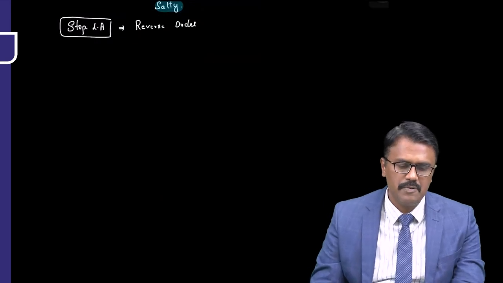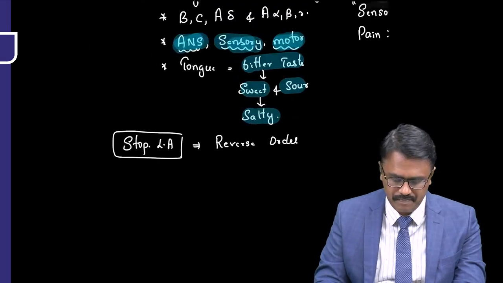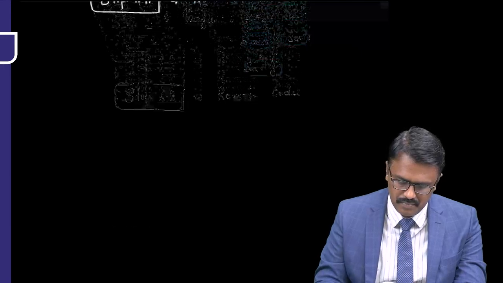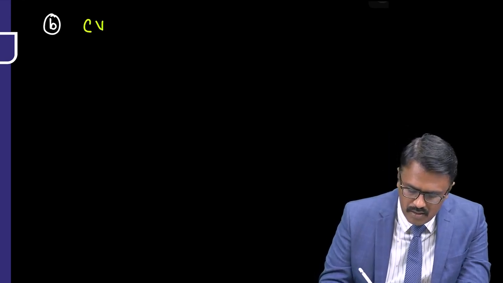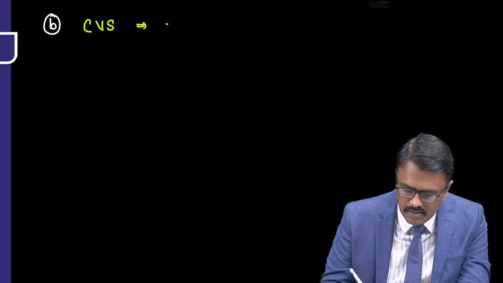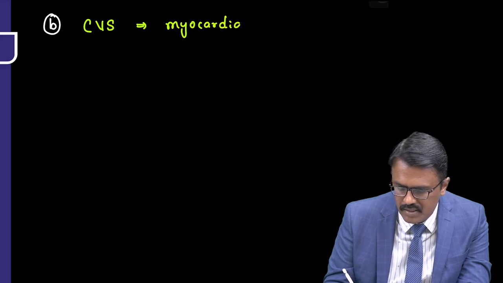Okay, so we understood the local action. The next important thing is, what do they do in the CVS? Now in CVS also we have the sodium channels. Now if you block sodium channel in the CVS, these drugs act as myocardial suppressant drugs.